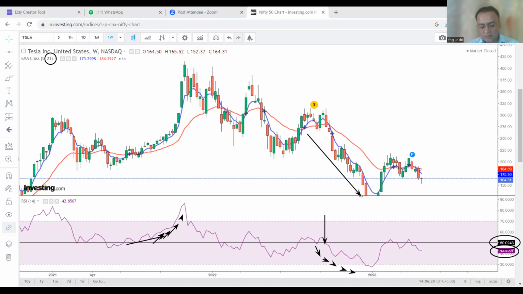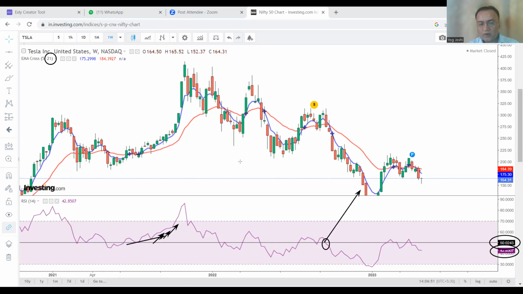So whenever you find the RSI crossing the middle line and starting to fall downside, the upcoming days clearly indicate a bearish scenario in the market.